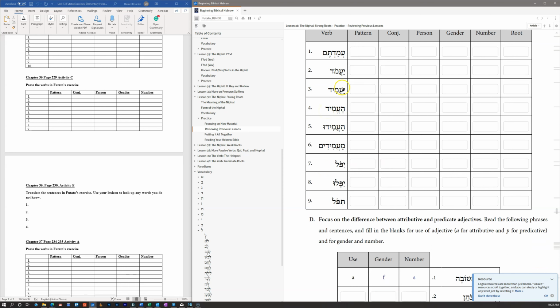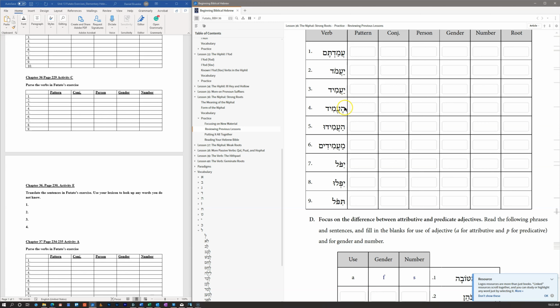Well, this is essentially the same as number 3, except we've lost the yod prefix and a he comes and stands in. Okay? Well, not exactly. If that were the case, we would still have the patach here. All right? And we'd probably have a hatef patach here. With this shift to the segol, that is indicating that we're now in the perfect.